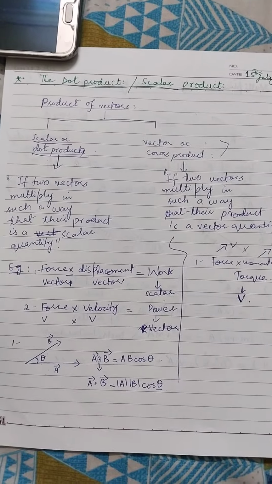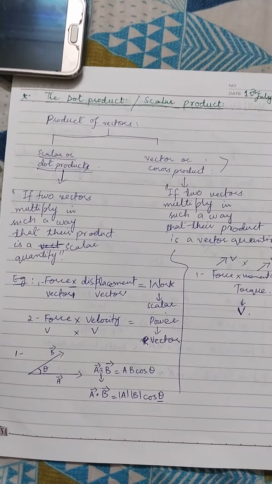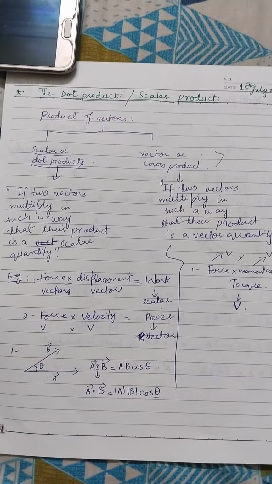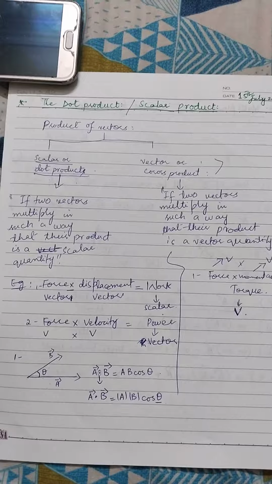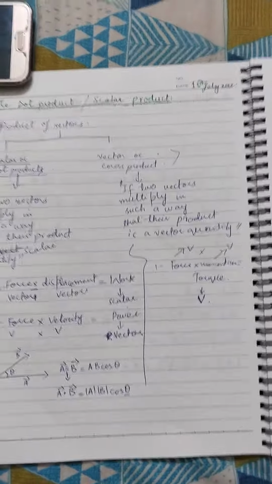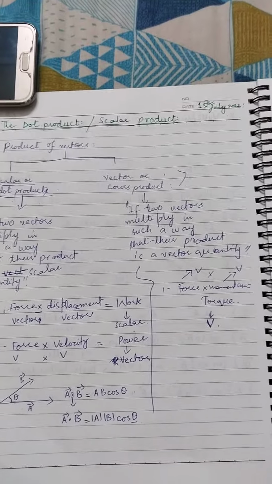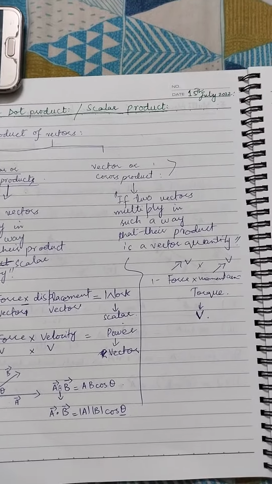Scalar or dot product is basically when two vectors multiply in such a way that their result, their answer, is a scalar quantity. While in vector or cross product, two vectors multiply in such a way that their result or product is a vector quantity.